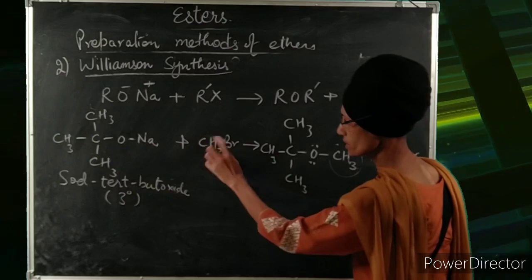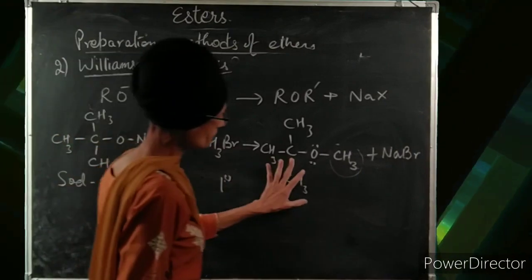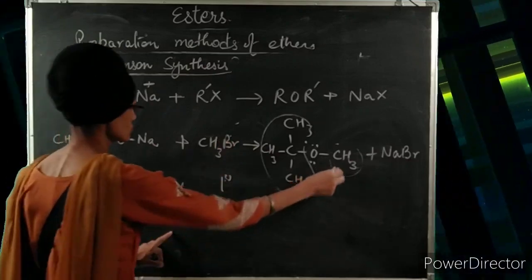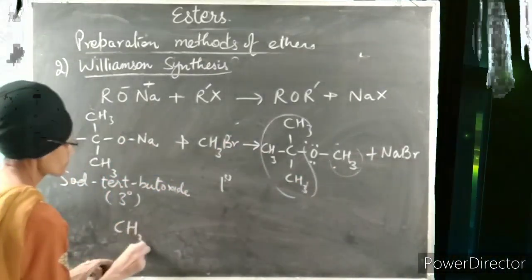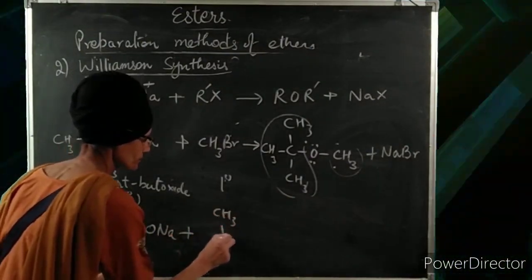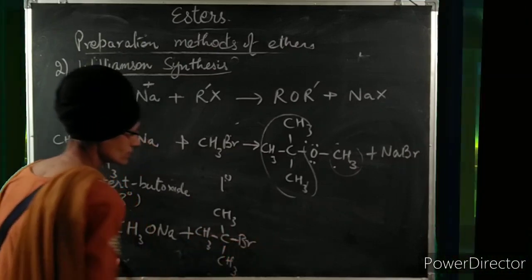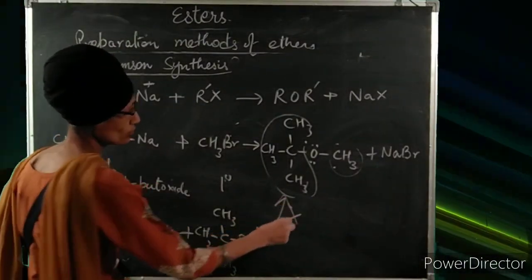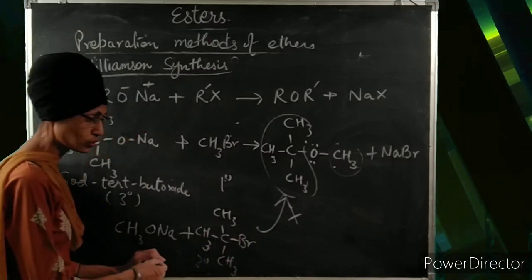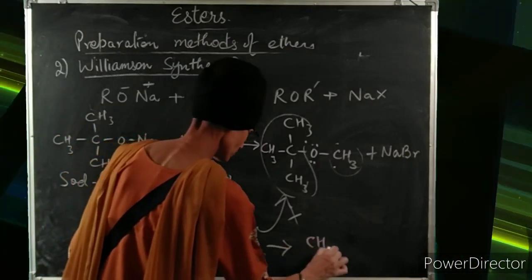This is 1 degree actually, and this is 3 degree. But if we find this type of ether, we cannot take this group in the haloalkane and this group here. Means if we take sodium methoxide and tertiary butyl bromide, then we cannot expect this ether, it will not be formed, because this 3 degree haloalkane molecule will undergo elimination reaction within itself and lead to the formation of an alkene of this type.